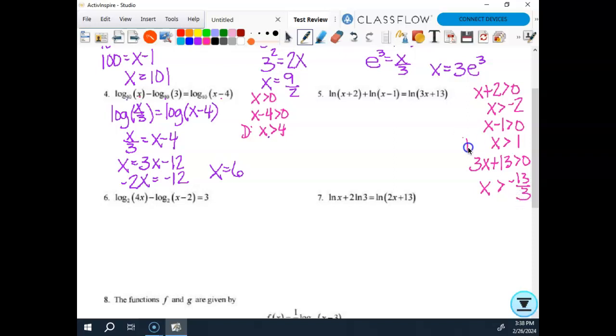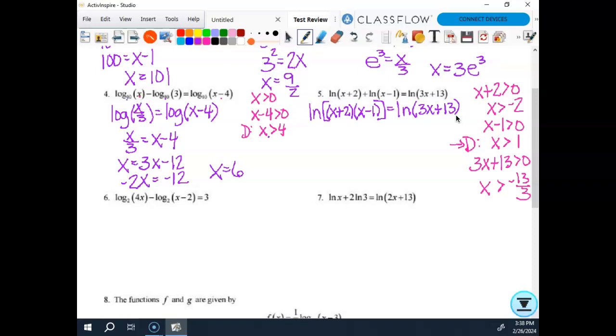So it looks like this guy here wins. All right, so I'm going to condense these 2, so this is going to give me the natural log of x plus 2 times x minus 1 equals the natural log of 3x plus 13.